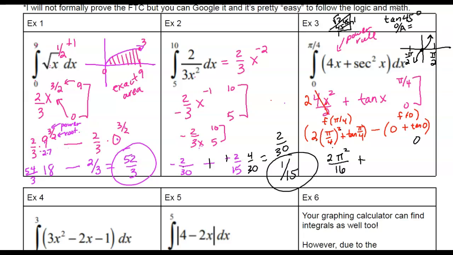So opposite is 1, adjacent is 1. So the tangent of pi/4 is 1. And all of that's 0. So watch your signs, watch your substitution. There's a lot. This would reduce, so we would get pi squared over 8 plus 1. Okay, I like to keep them all together using the parentheses.